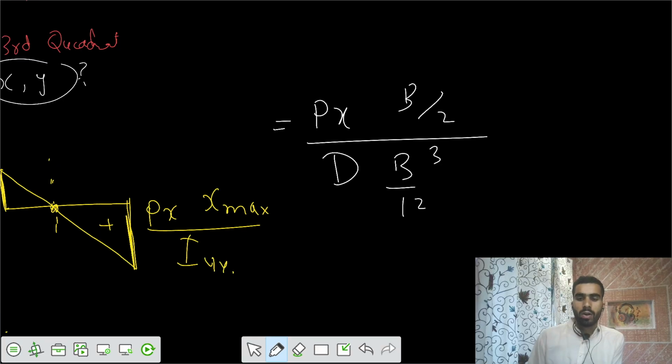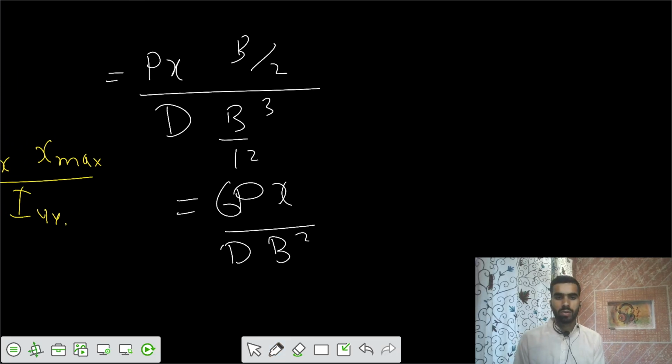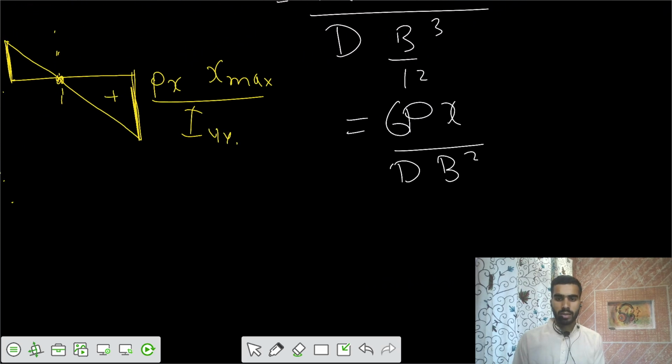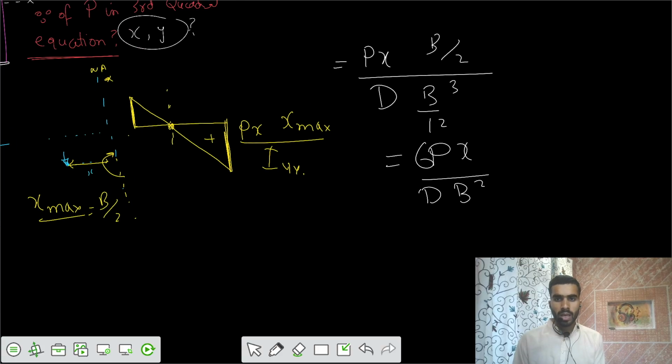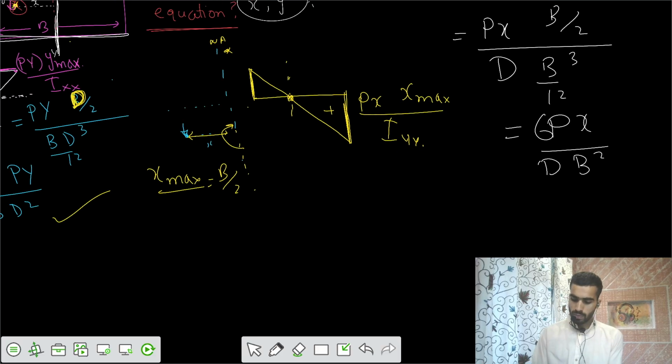So finally we got the stress equals 6 Px by d b square. So we got this equation also.